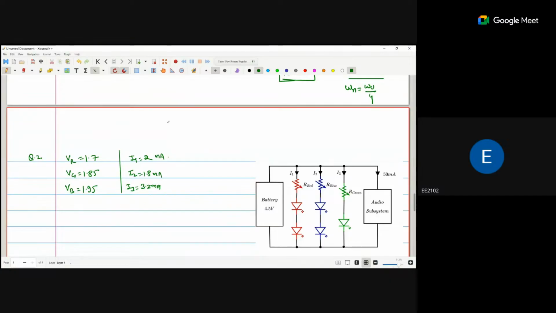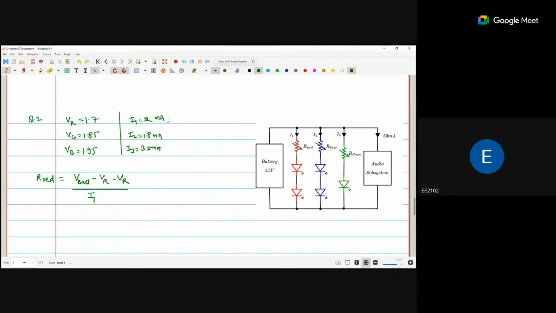Okay, so if I calculate R red, R red is (V battery minus VR) divided by I1. So that is (4.5 minus 3.4) divided by 2 milliamp. That is 1.1 divided by 2 milliamp. So that is 550 ohm.